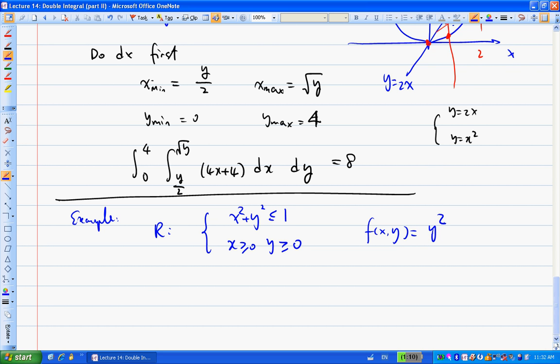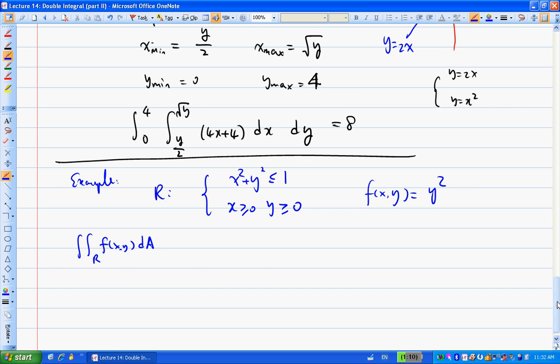I want you to calculate the double integral of this function y squared. First step, what do we do? We sketch R, right? Understand what this means here.